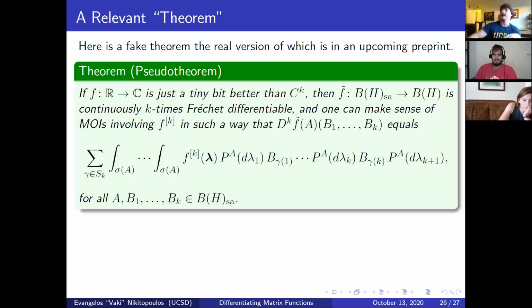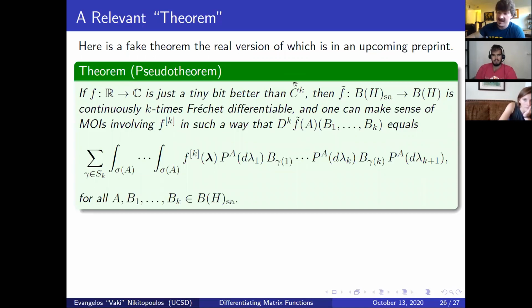If f is just a tiny bit better than C^k, then F tilde is continuously k times differentiable. And one can make sense of MOIs involving the kth divided difference so that the kth Fréchet derivative is actually this multiple operator integral. Making sense of the MOIs is work that Peller did.